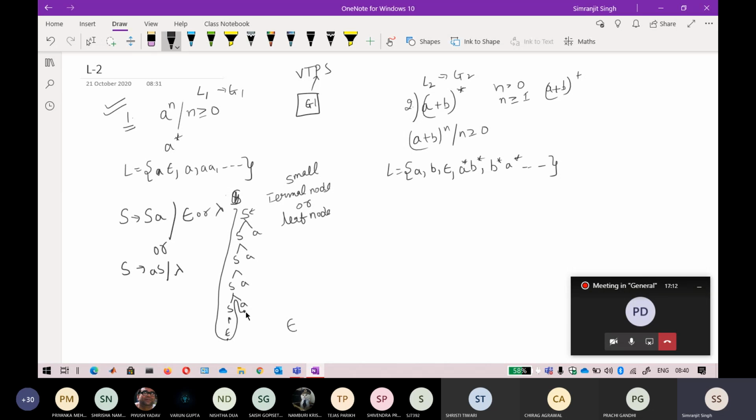Honestly, I have not seen any question where the terminal node is denoted by a capital letter, but it can also happen. So always look in a question for whether they are defining the terminal node as a capital letter.